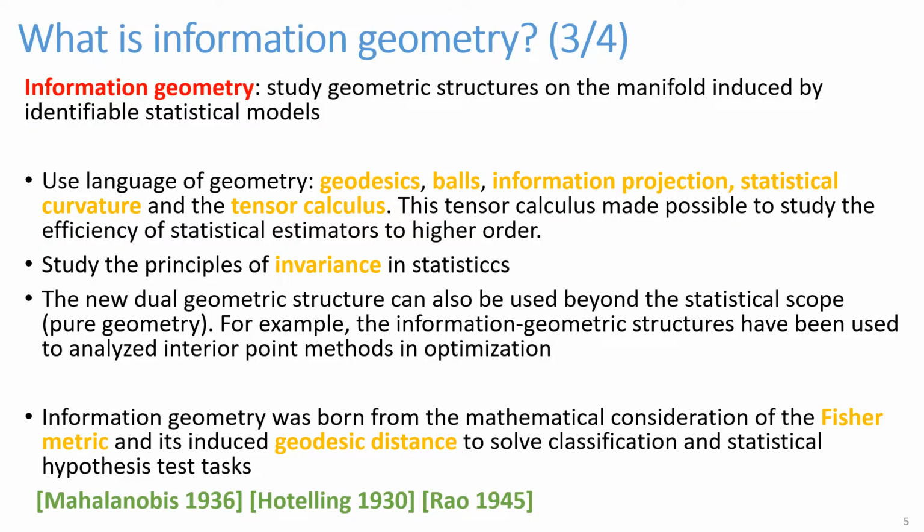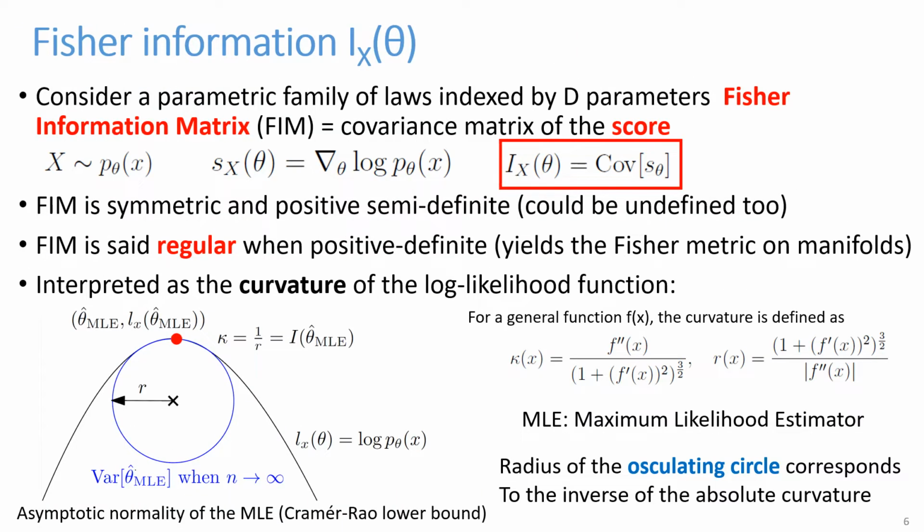Historically, information geometry was born from the mathematical curiosity of using the Fisher information matrix of regular statistical models as a Riemannian metric, and using the induced geodesic Riemannian distance as a statistical distance in statistics. The Fisher information of a random variable x following a parametric distribution p of theta is defined as the covariance of the score, where the score is the gradient of the log likelihood with respect to the parameter theta.